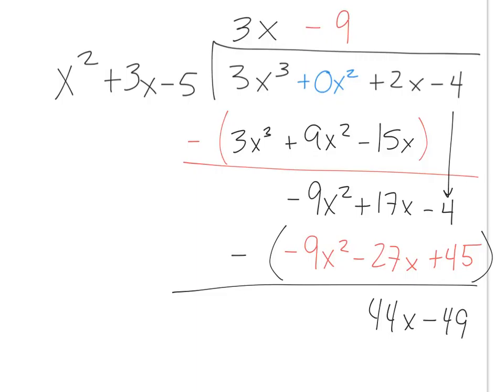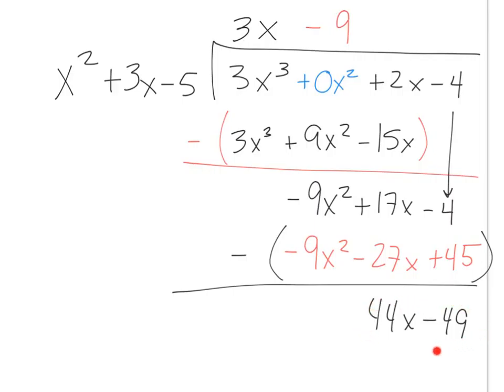So take a look at this point, folks. What is the degree of this expression right here at the bottom? What's the actual degree of this bottom piece? Terminology we need to know.